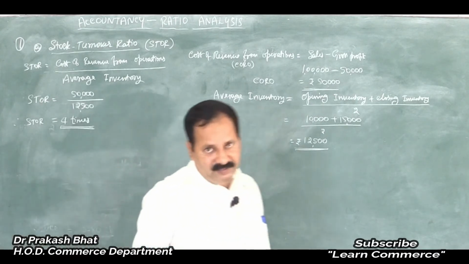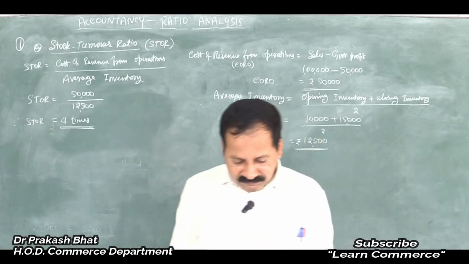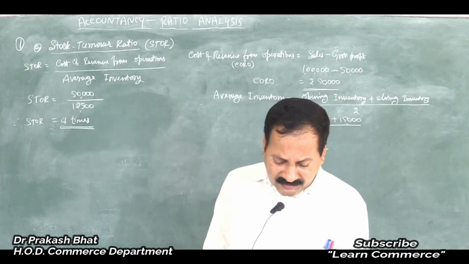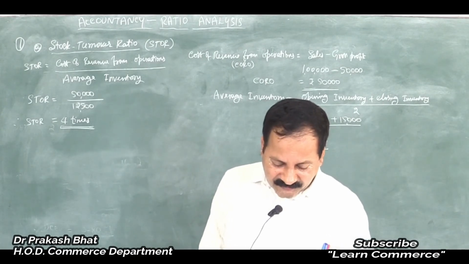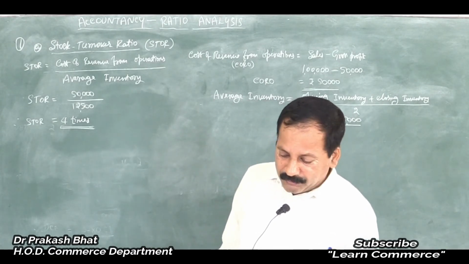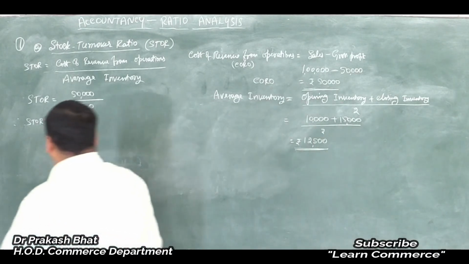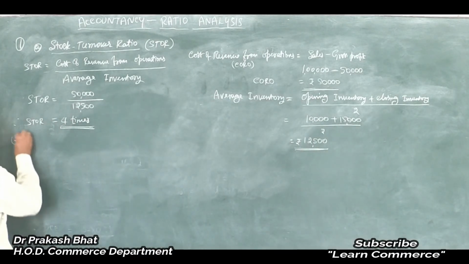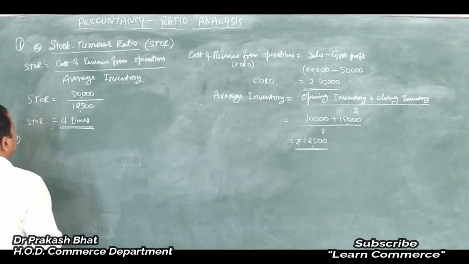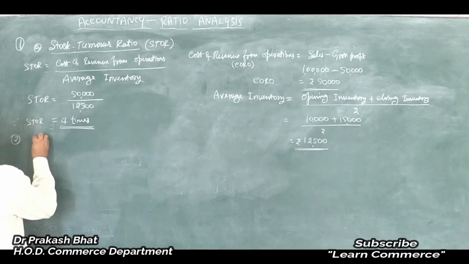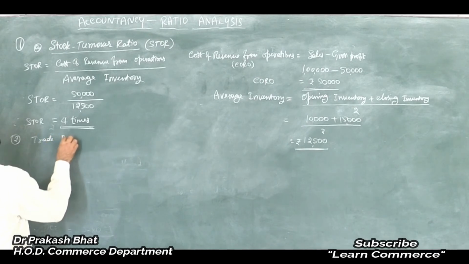First part is done. Now second ratio we have to calculate. They told us to calculate which ratio? Trade receivable turnover ratio. Very simple, I already told you.